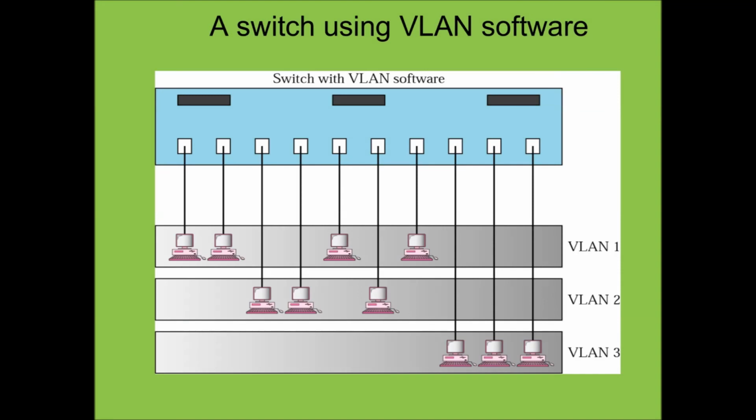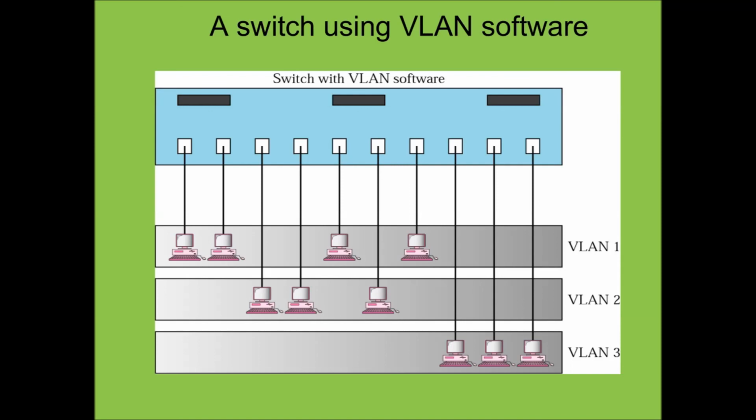A switch using VLAN software: the switch contains its own software, its own operating system, which is used to provide different services to the connected computers. Over here you can see a switch with VLAN software. Definitely that cannot be shown here, but assume that VLAN software is implemented in the switch.